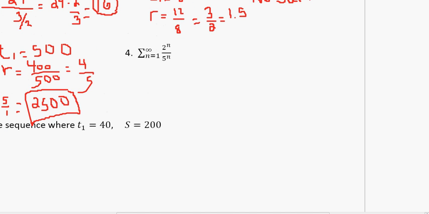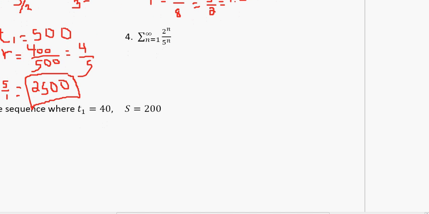Number 4. Number 4 is an infinite geometric sequence. Okay. So we first have to identify t sub 1. So t sub 1 is when we put 1 in for n. So it would be 2 to the first over 5 to the first.